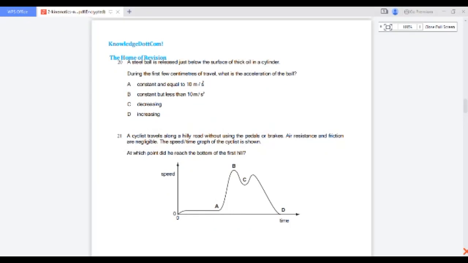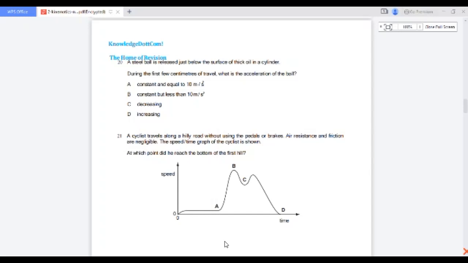Like a ball is put into some oil. So here it is mentioned that the first few centimeters, it means initially it will accelerate with gravitational acceleration.